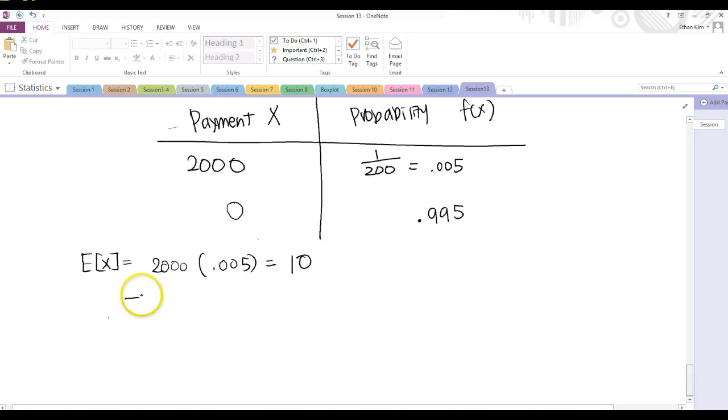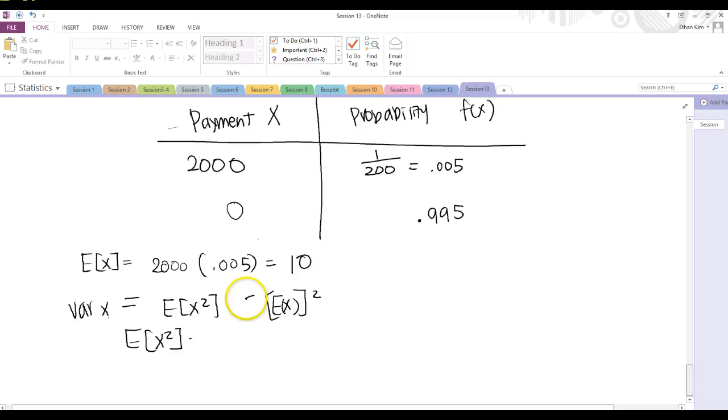Okay? And since variance of x equals the second moment, the expected value of x squared, minus the expected value squared, we have to look for the second moment. And this is 2,000 squared times the probability, which is 0.005, right?